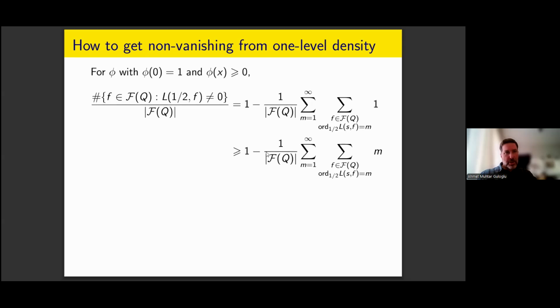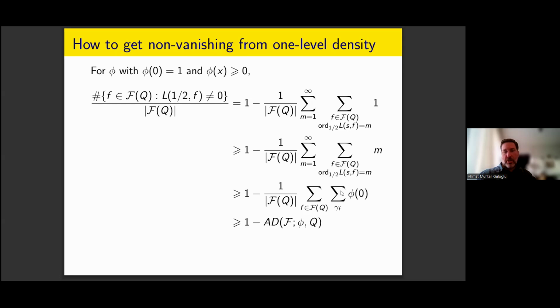And all these inequalities I wrote are true if you choose your test function so that it has value one at zero and is greater than or equal to zero. So finally, you add more zeros, basically zeros which may not be at the central point 1/2.